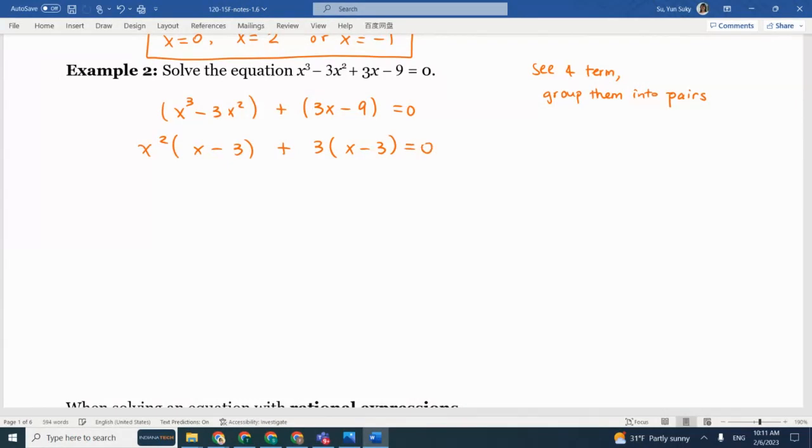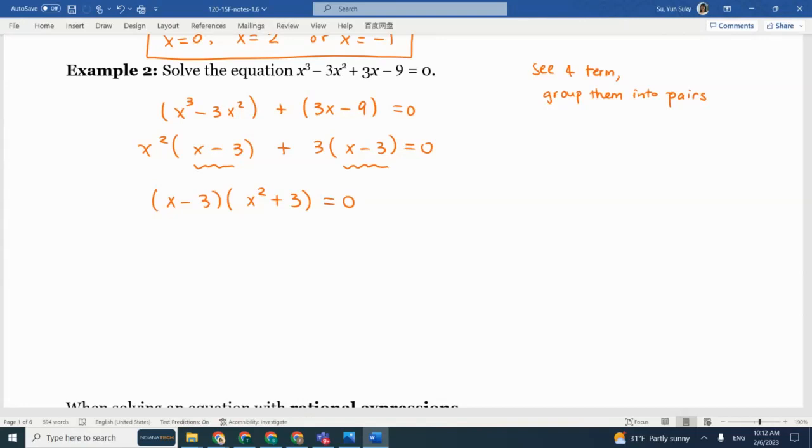Everybody, do you see we have the common factor x minus 3? So next, we factor out x minus 3. What's left? Yes. Okay, good. Now we got a linear factor and a quadratic factor.